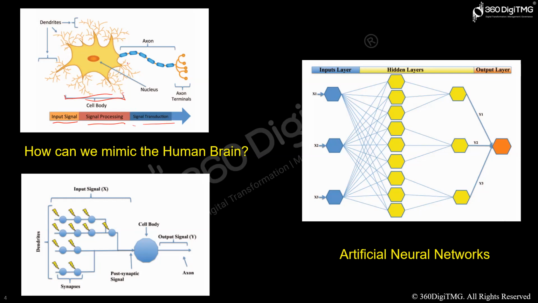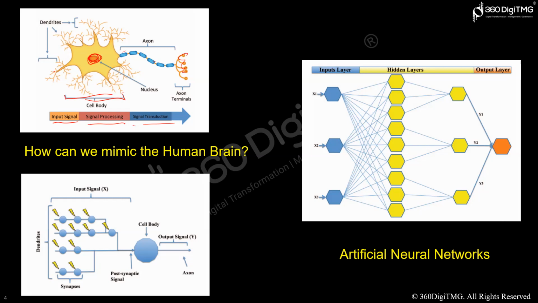So in these processes we have dendrites attached to the cell body, and we also have a nucleus, axon, and the axon terminals.